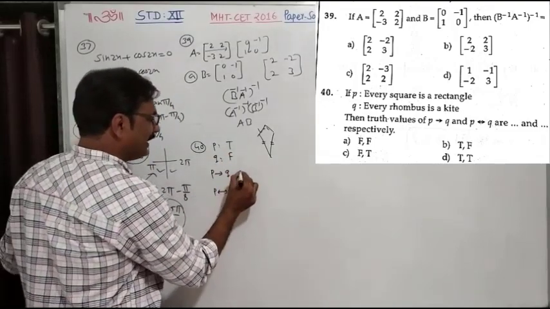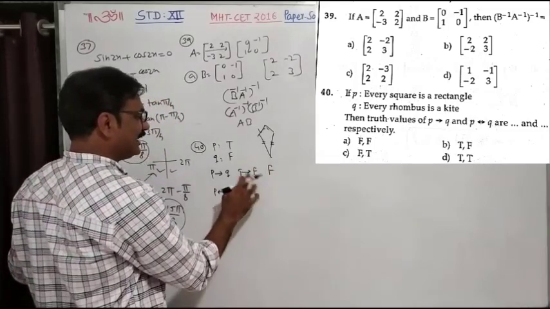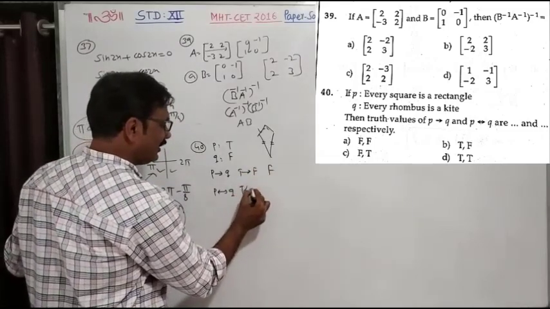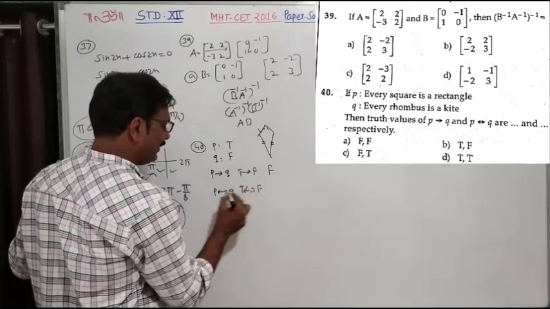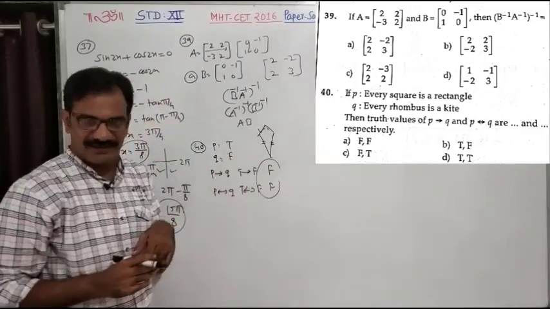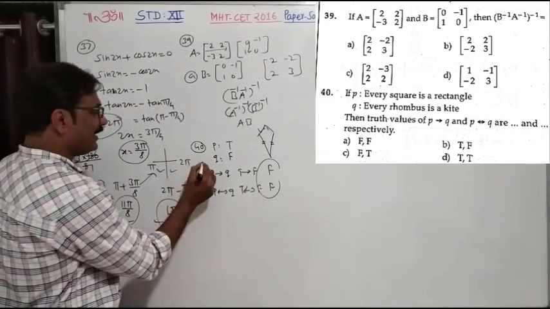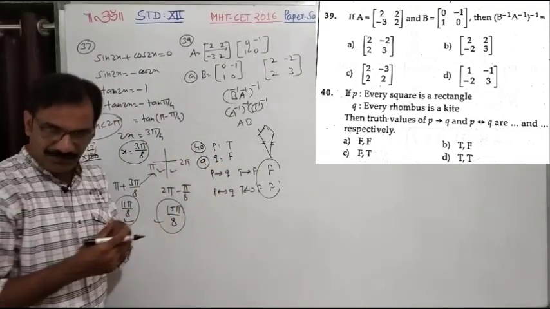So P implies Q, T implies F. It is always F because the second is F. T implies F, double implies is again F. Both the values are false. What is your option? Option is A for question number 40.